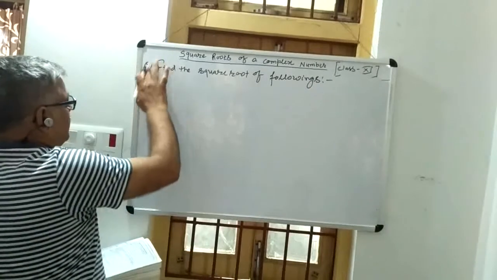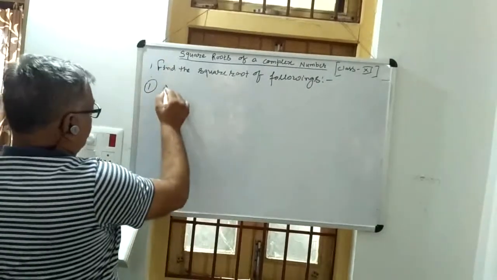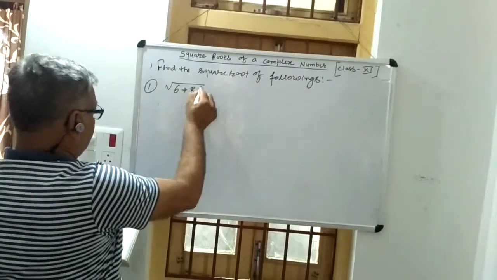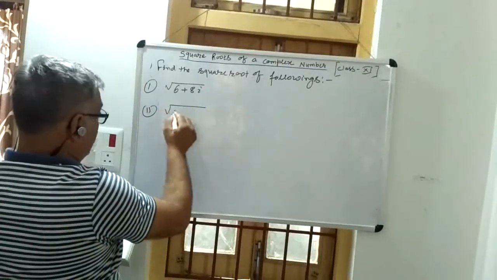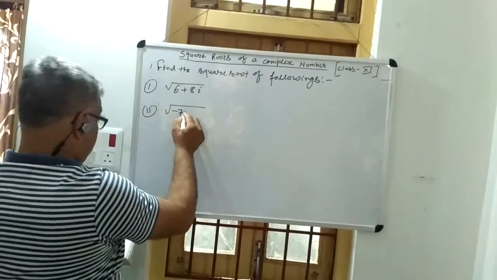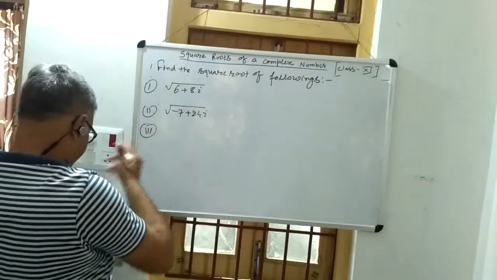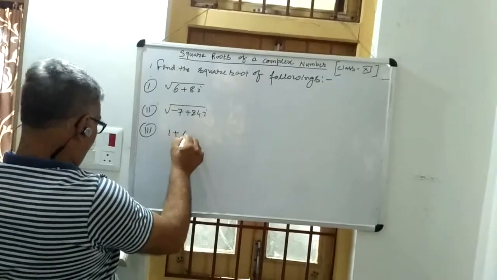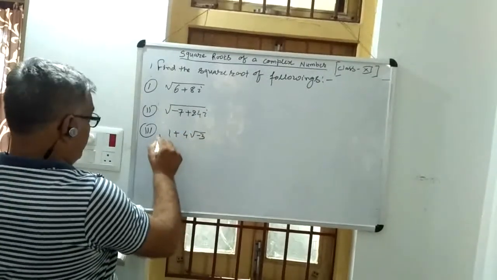First question is, find the square root of 6 plus 8i. Second question is the square root of minus 7 plus 24i. Third question is the square root of 1 plus 4 root minus 3.